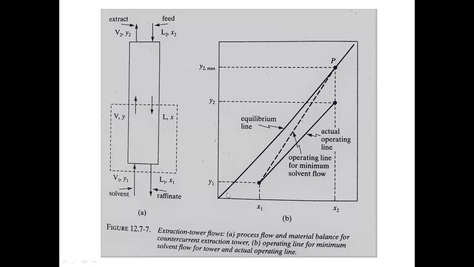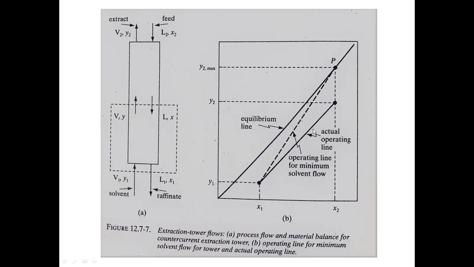If this is the equilibrium curve or line for your system, you get this curve by plotting the XY equilibrium data, if provided. If not, then this diagram should be made available. The operating line is of course found below the equilibrium line or curve, because it's stripping, or it's taking out a component from a liquid phase.